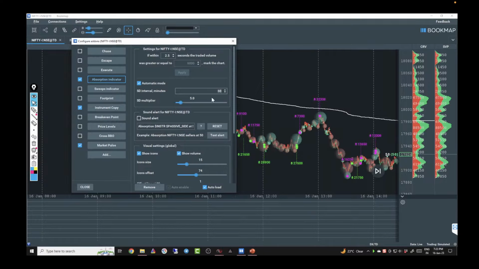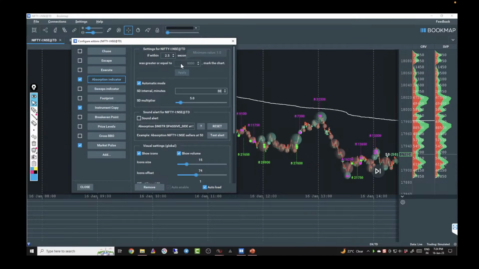In the last 30-minute chart, assume that the average buy orders were 10. The 10 quantities are multiplied by the multiplier that you have selected. So 10 multiplied by 5, how much? 50. That 50 quantity will be inputted to this particular number, and that will happen automatically.